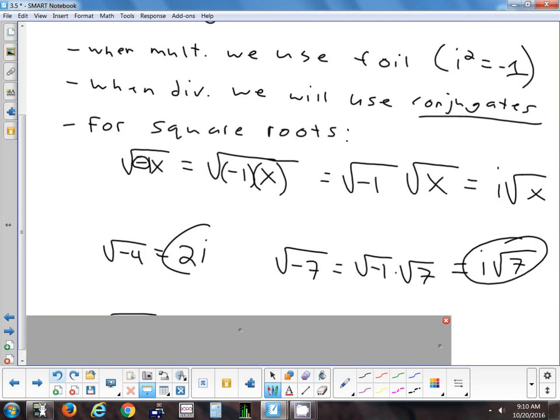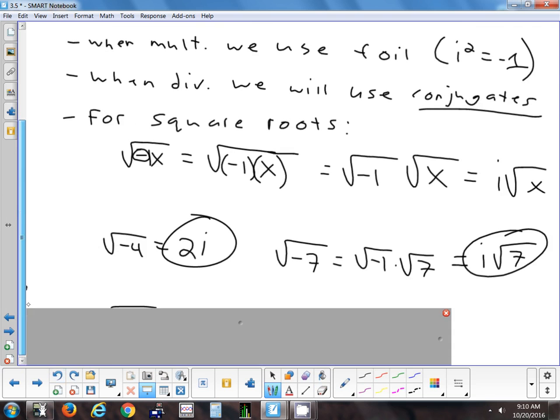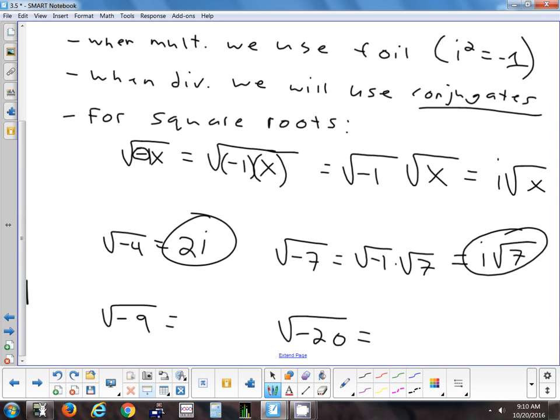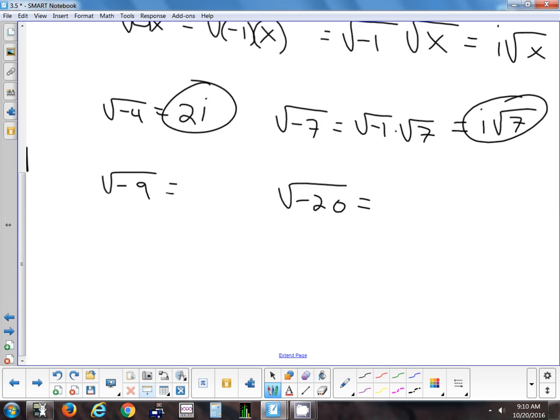There's no confusion there. How about square root of negative 9? Yep, the i comes out, and then what's the square root of 9? 3. Since I can simplify it, I'll put it in front. And lastly, let's do the square root of negative 20.